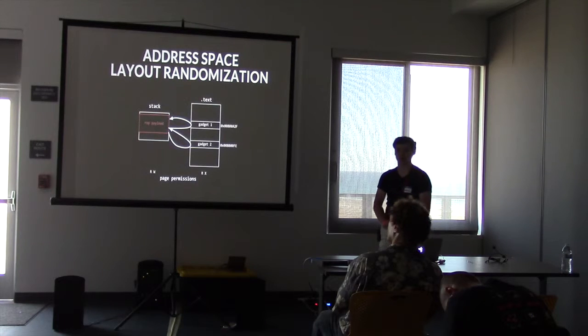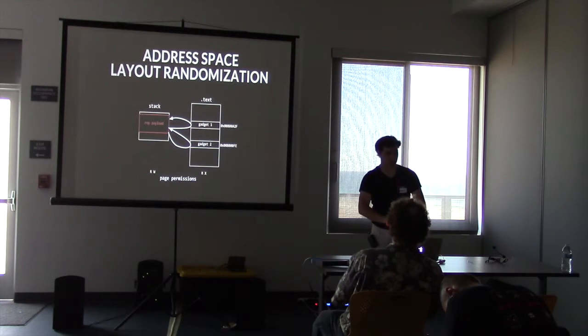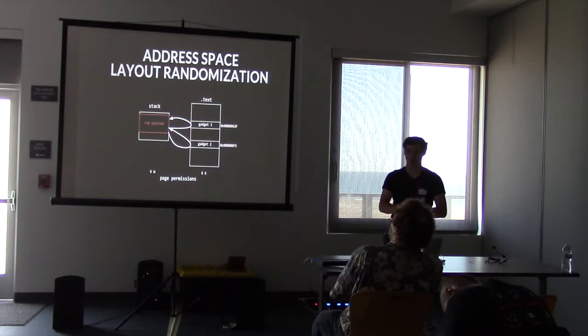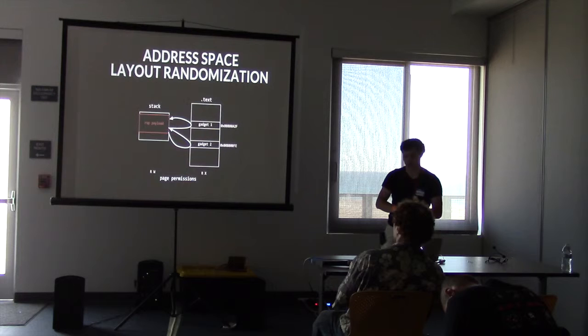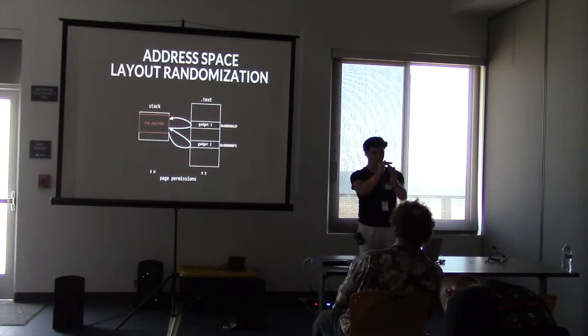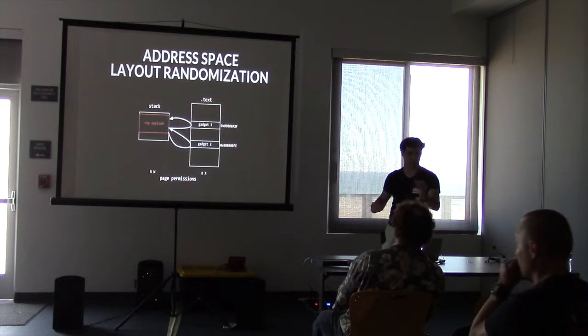So the first major implementation of diversity, which is very widespread now, is called ASLR, Address Space Layout Randomization. This is implemented in all your major operating systems now, and what it does is it shuffles libraries around when the program gets loaded. So normally, in the old way of doing things, the program would be loaded at a given address, and each library would be loaded at a fixed given offset.